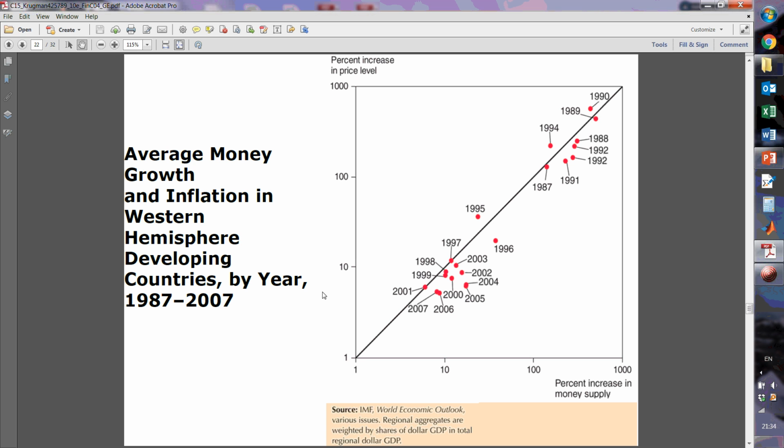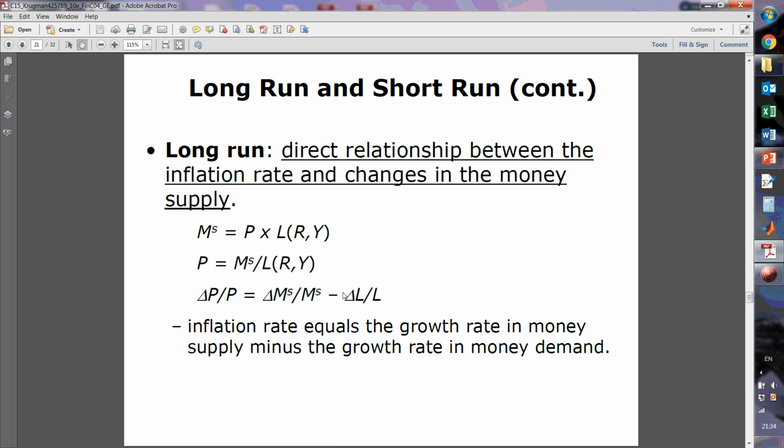So if we ignore the second part, the L, and we simply say the demand for money balances doesn't really change very much, then we can say approximately these two should be proportional to each other. So a 1% change in the money supply should result in a 1% increase in the inflation rate.